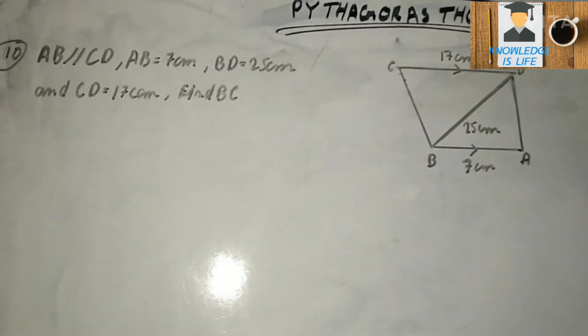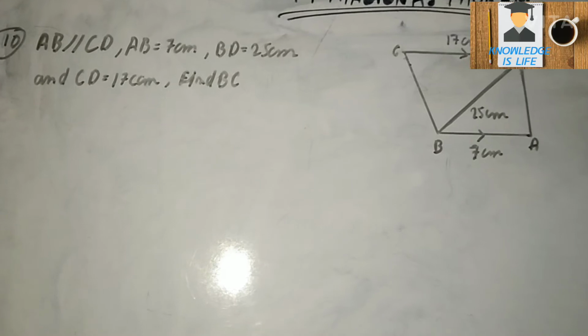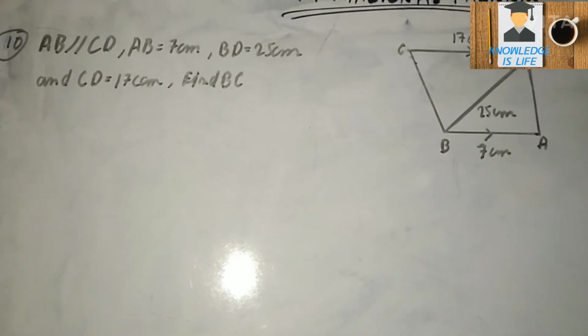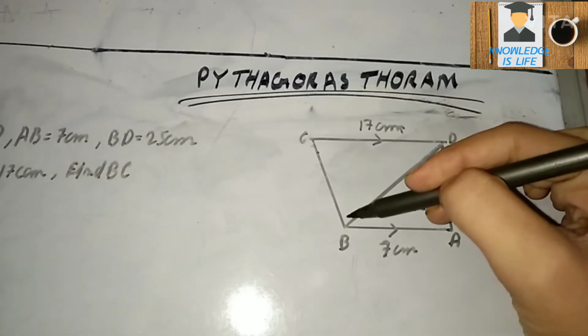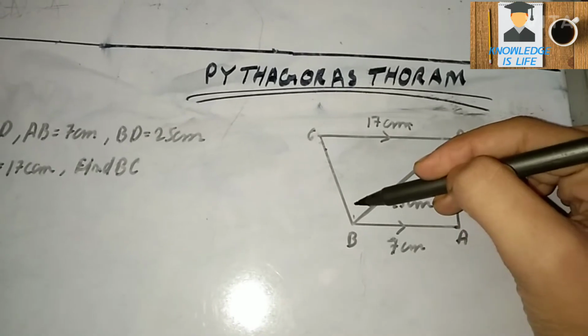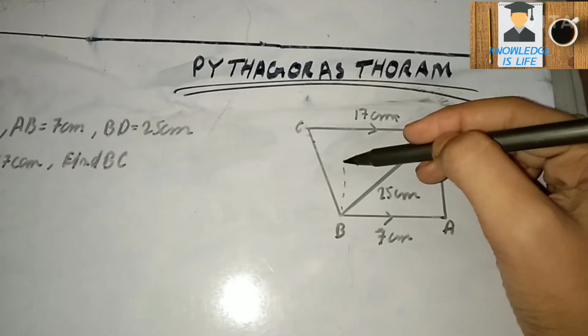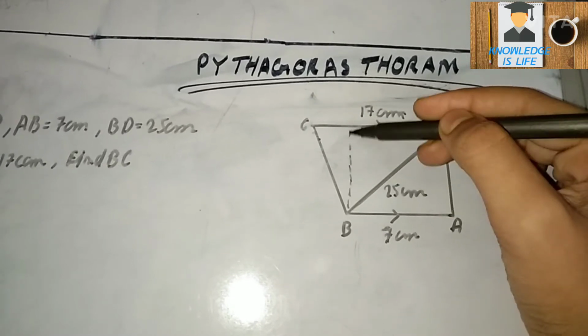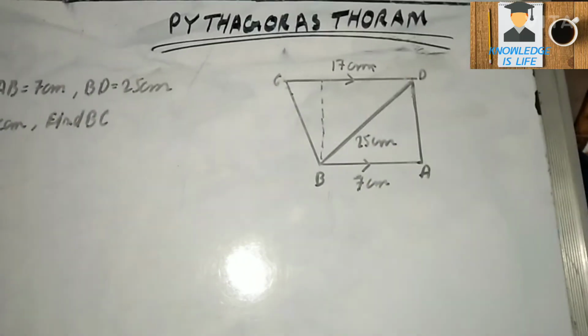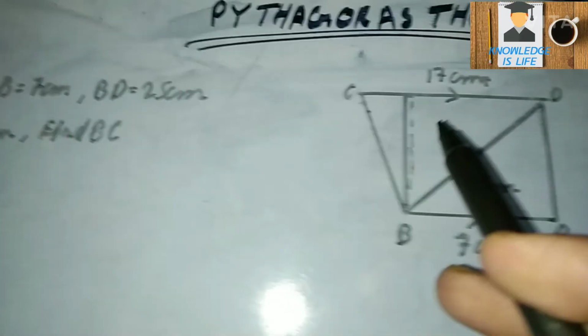So friends, we have to find the unknown side. How will we find it? Let us draw a line here from point B to the line CD. Friends, I have constructed it.